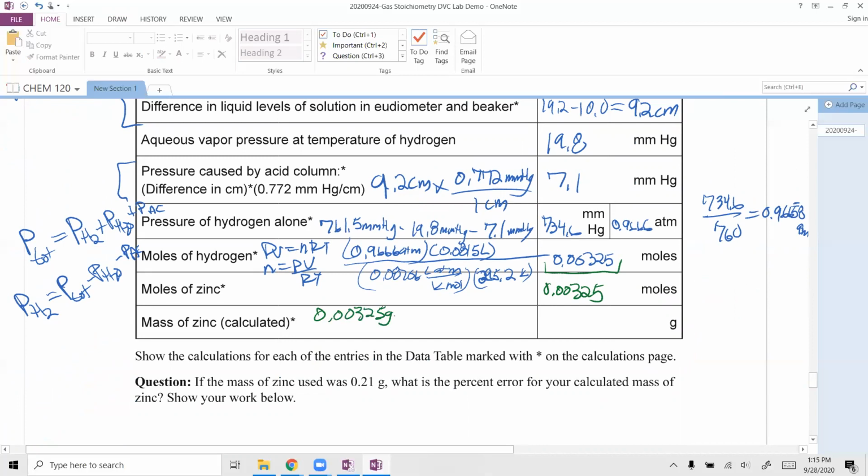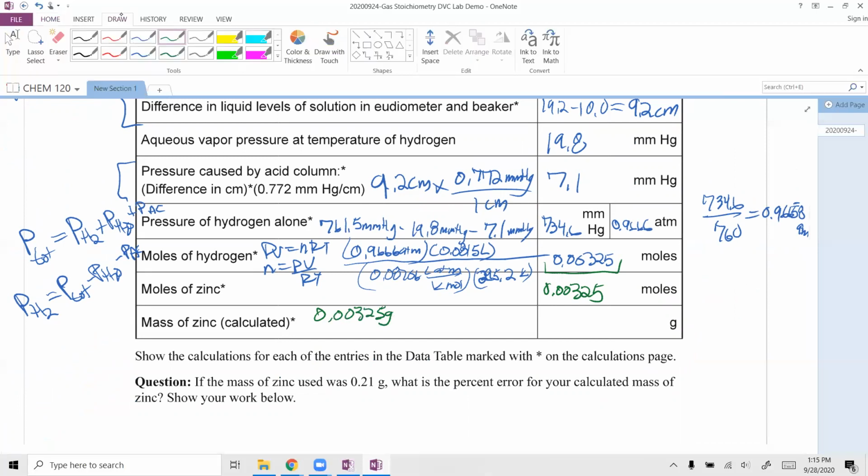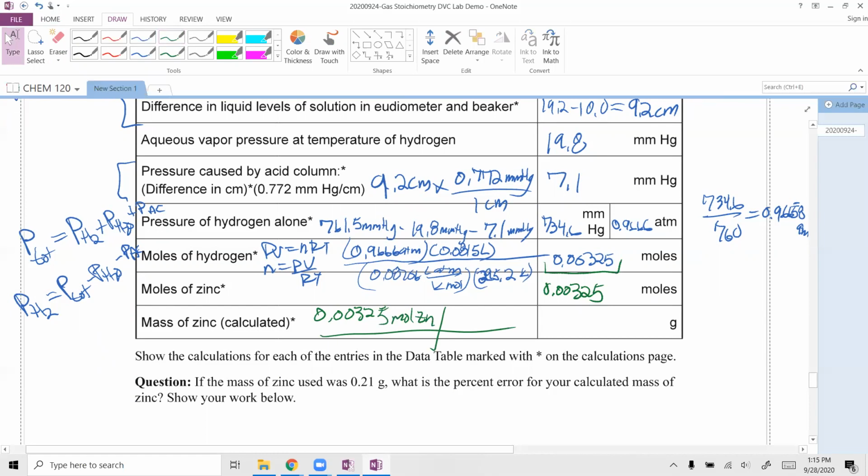Not mole grams, that should be moles. And so our molar mass for zinc is 65.39 grams is 1 mole of zinc.